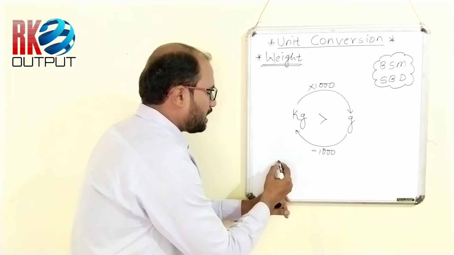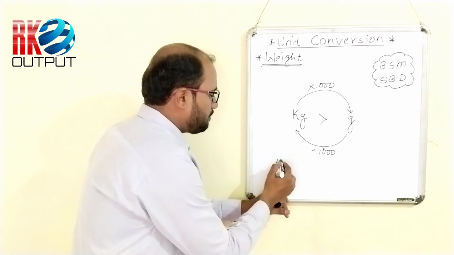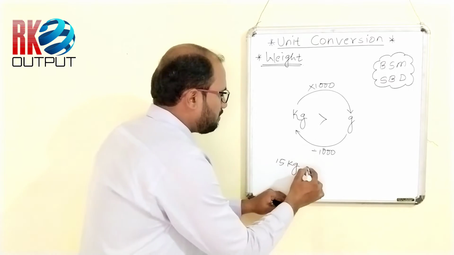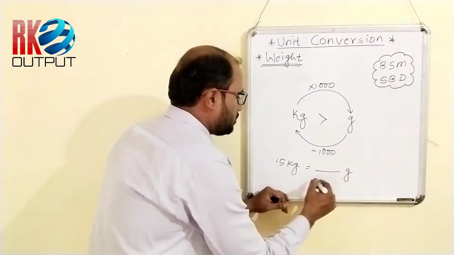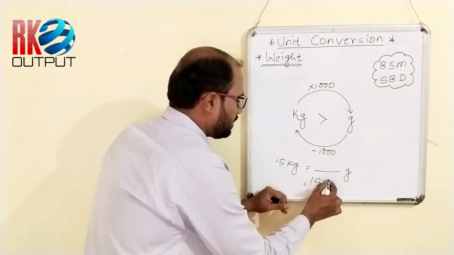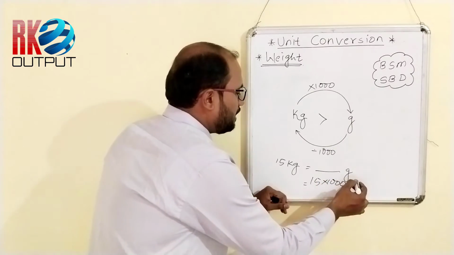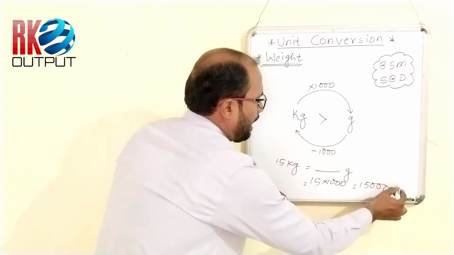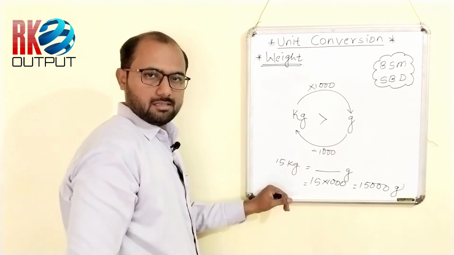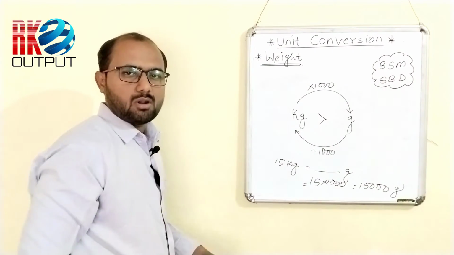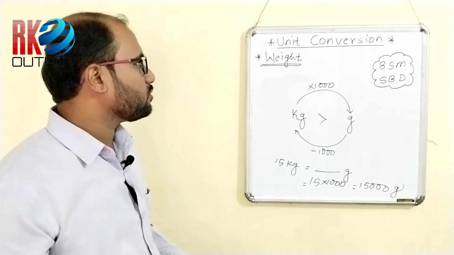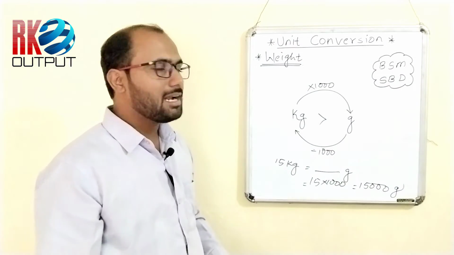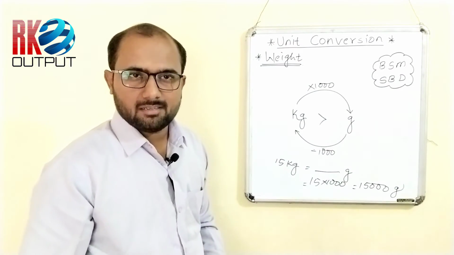For example, 15 kg equal to how much gram? Let us pay attention: 15 multiplied by 1000 is 15,000 gram. Got it? Understood? This is one of the important concepts related to unit conversion. Let us go to the next part.